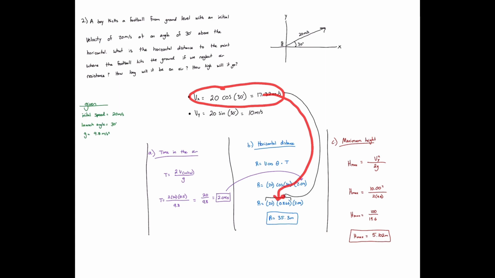Then we plug it in here, and since we found time originally here, which is 2.04 seconds, we can plug it into our equation and multiply it all together to get 35.3 meters. We're using the cos instead of sine because it's the horizontal distance, this distance.